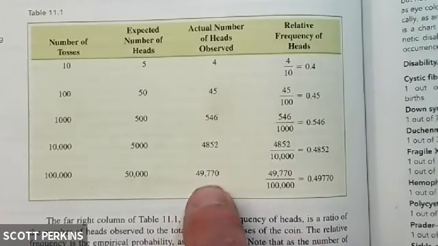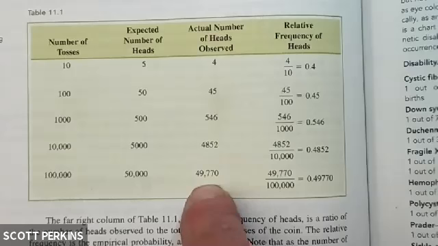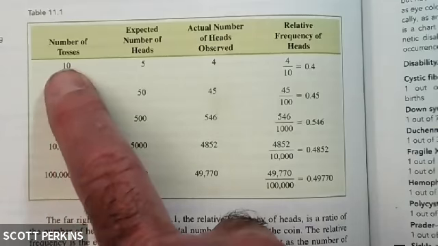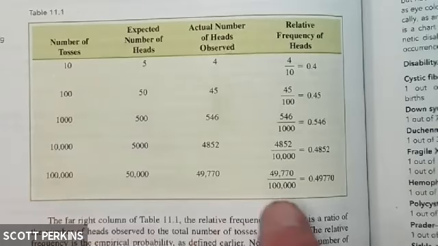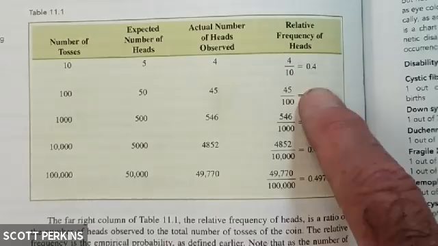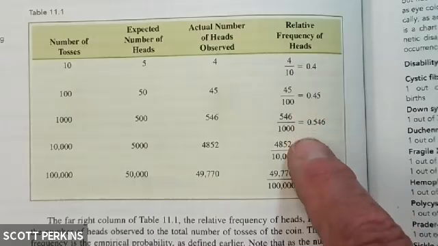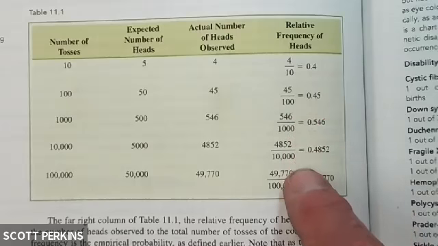But again, here's the thing that I'm trying to implore upon you. 230 out of 100,000 is a lot less significant than missing it once out of 10 up here at the top. And you can see that every time it oscillates a little bit. Every time you flip the coin more and more, you get closer and closer and closer to what you would expect, which is the probability you said at the beginning.